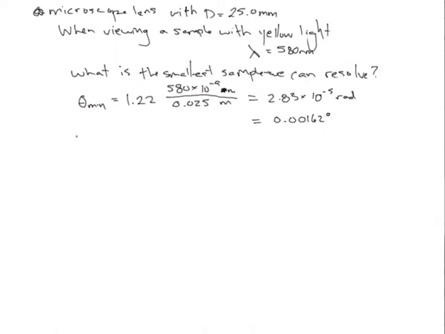We would like to know the physical size, so in order to do that we need to know how far the sample is from the lens. So we'll say in this case it's 10 millimeters below the lens.